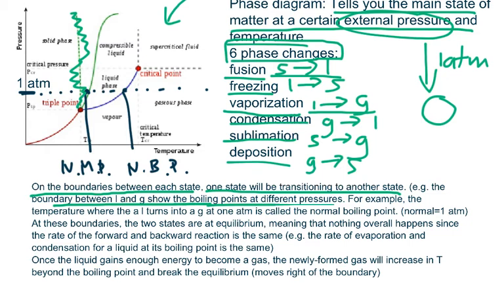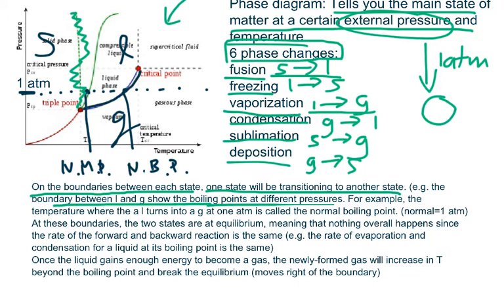So if you remember, the boiling point is when the temperature is high enough for a liquid to transition into a gas. So on this diagram, we have the solid area, the liquid area, and the gaseous area. And the transition from a liquid to a gas occurs on this blue boundary, which is over here.